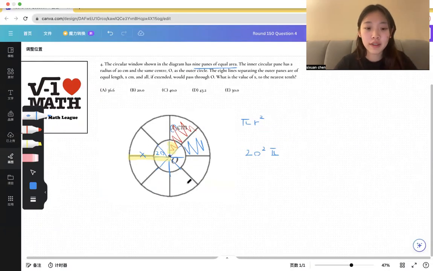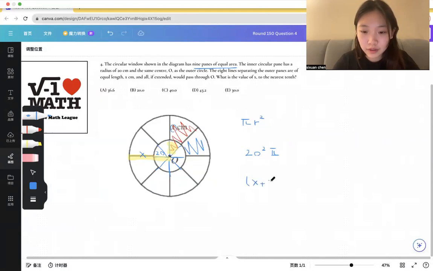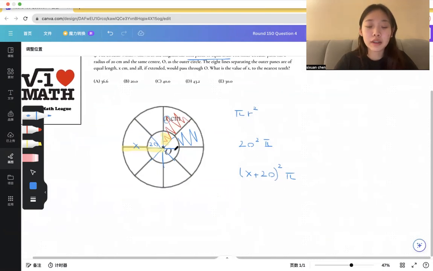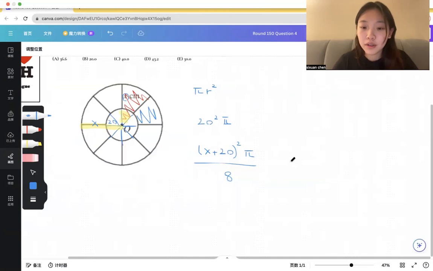So the area of this larger circle will be (x plus 20) squared pi. And we'll need to divide this whole thing by 8 because we only need the area of this piece.